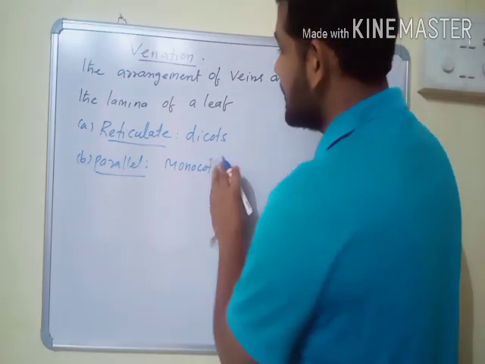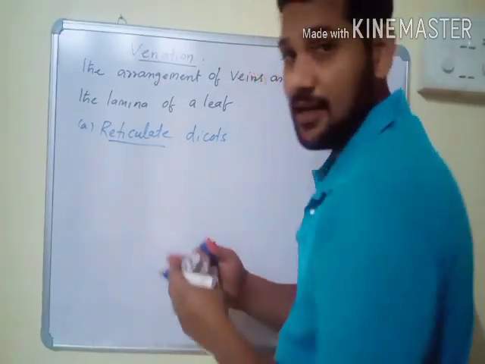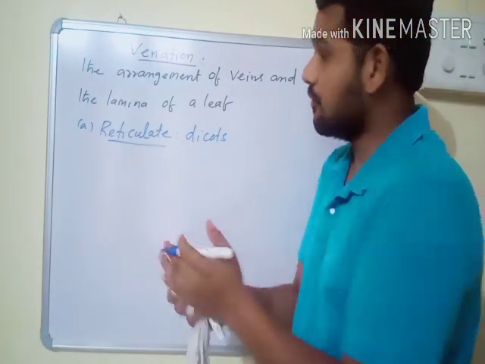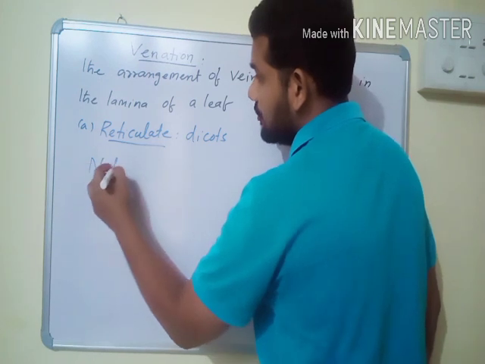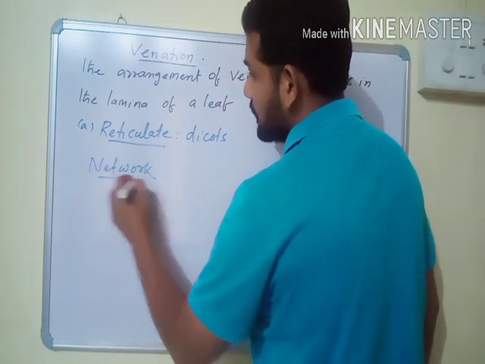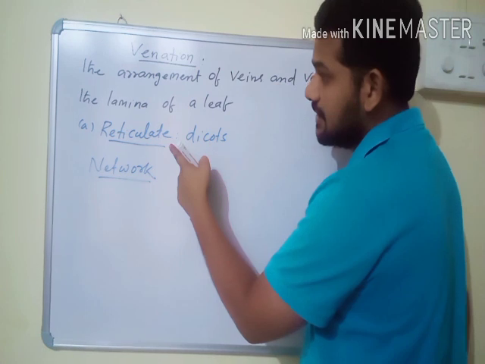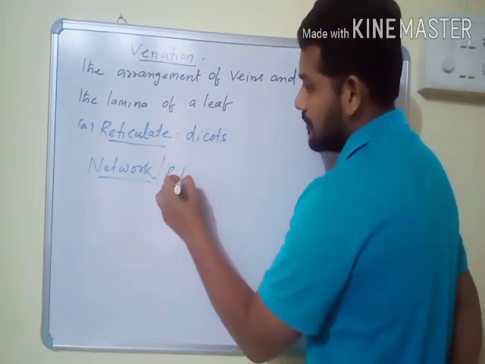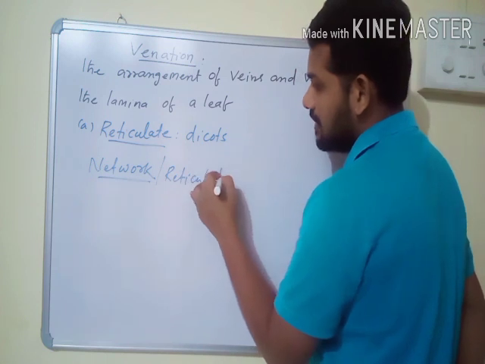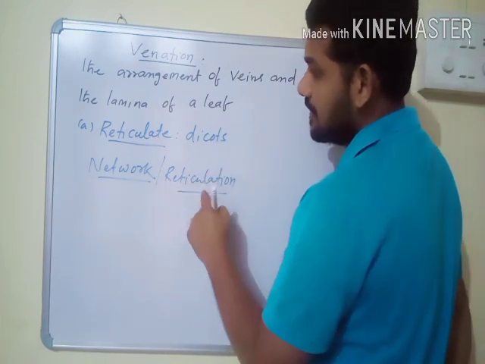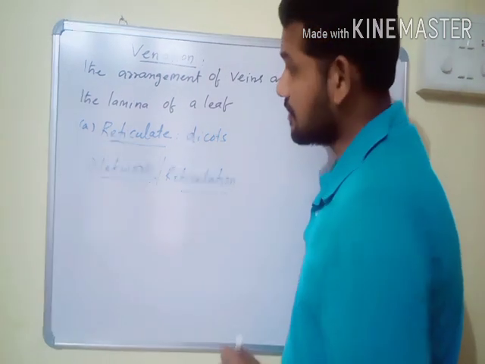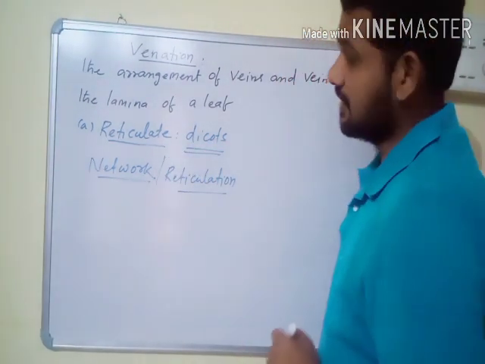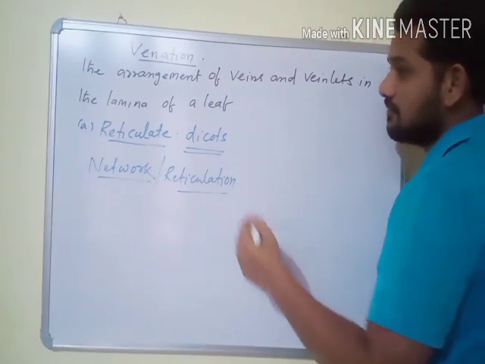In reticulate venation, the lamina has many veins and veinlets, and all these veins and veinlets fuse to form a reticulum or network. So reticulate venation is characterized by the presence of a network, and usually it is present in dicots, with some exceptions.